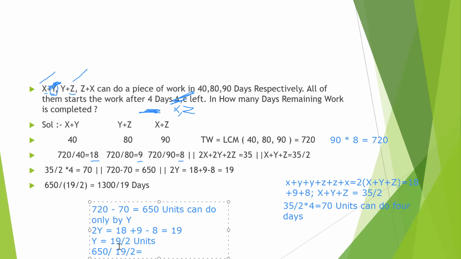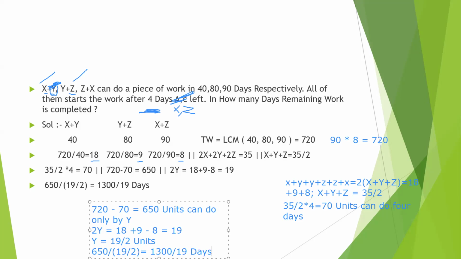That equals 650 into 2 by 19, that is 1300 by 19 days.